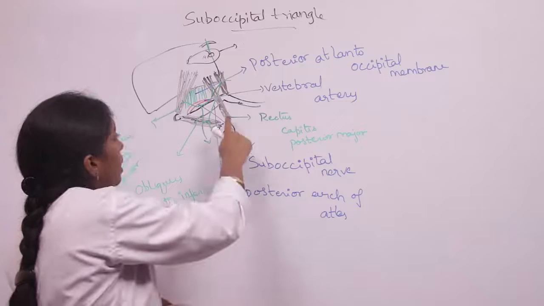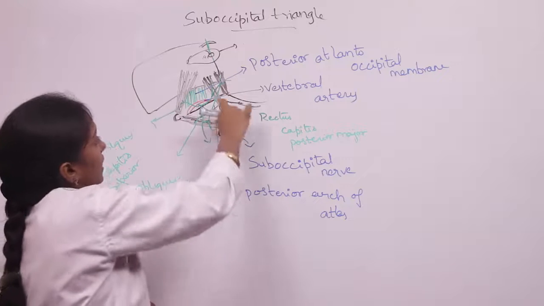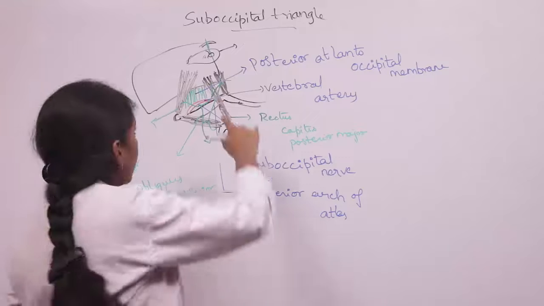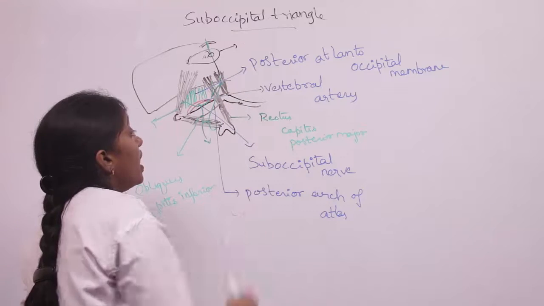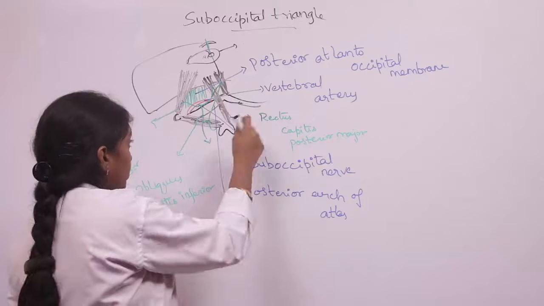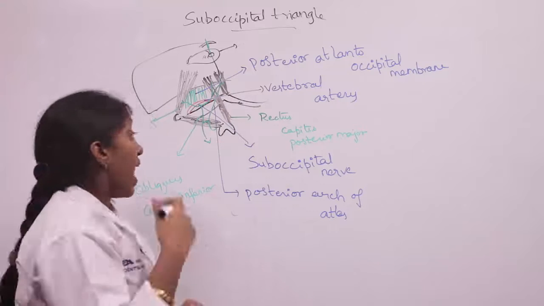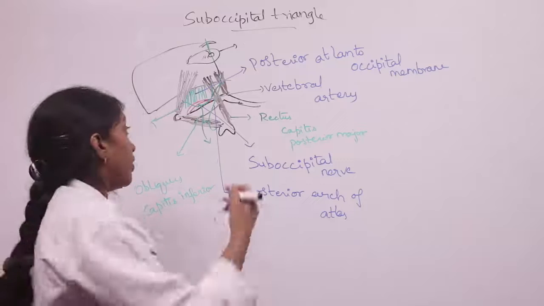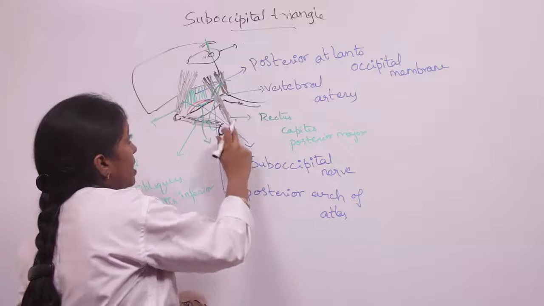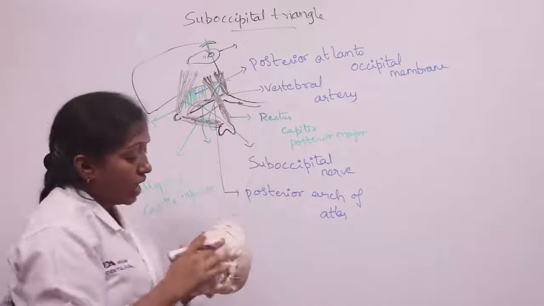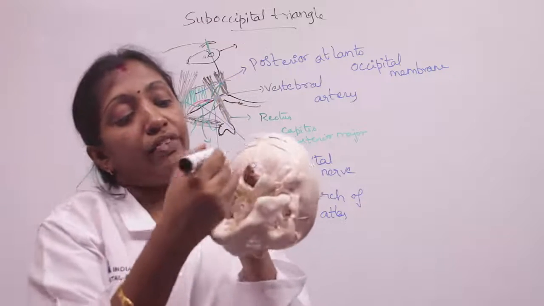Coming to the superomedial boundary of the suboccipital triangle, it is formed by rectus capitis posterior major. It arises from the spine of the axis. Atlas is the first cervical vertebra and axis is the second cervical vertebra. It arises from the spine of the axis, and it is inserted to the area below the inferior nuchal line.